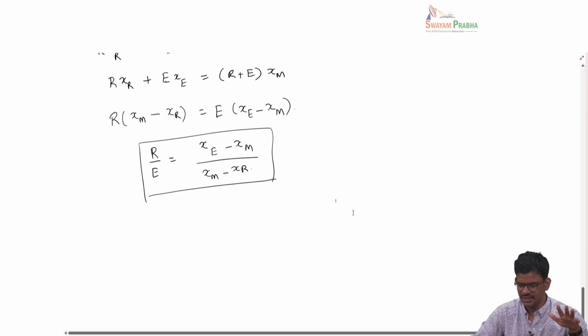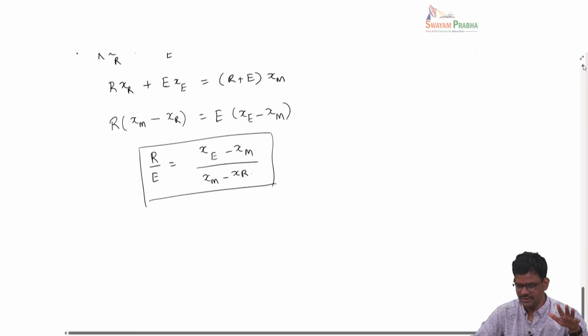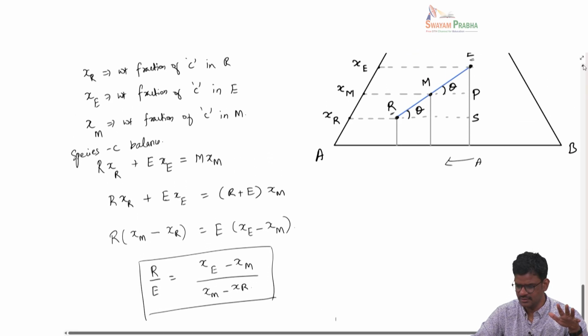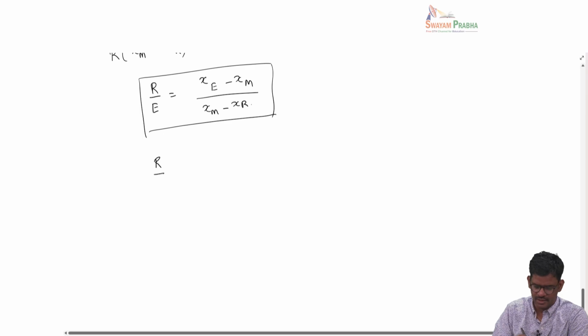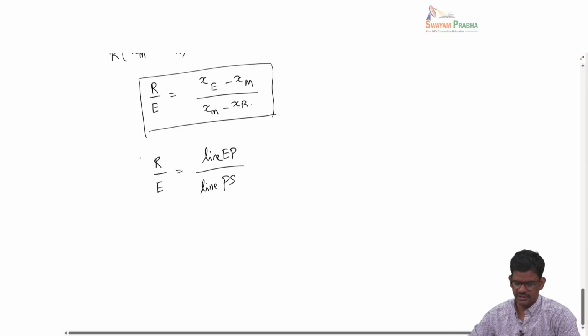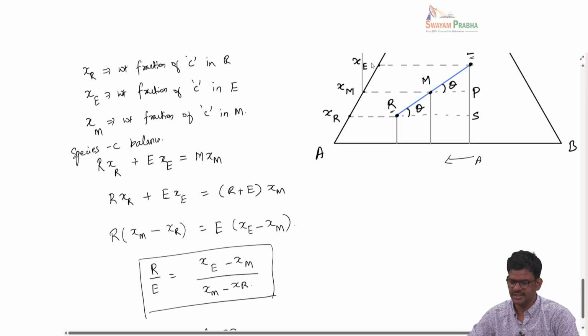So from this diagram point of view, what does this XE minus XM mean? Okay, XM is here, R by E basically is line EP by line PS. So what is EP and PS? You can see this XE minus XM is nothing but line EP, and XM minus XR is nothing but line PS.